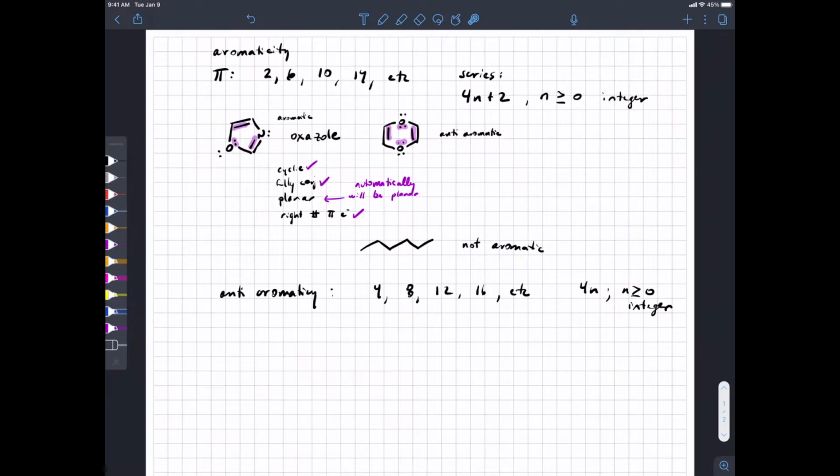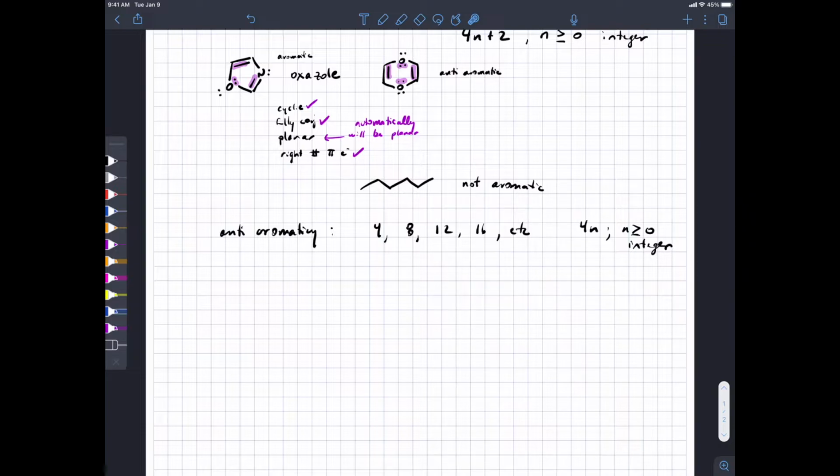If you have an alkyne, would that affect its aromaticity? The alkyne situation is very much like the oxygen situation. Only one of the two pi bonds can participate. So you'd have to draw, 2, 4, 6, 8, 10, 12, 14.